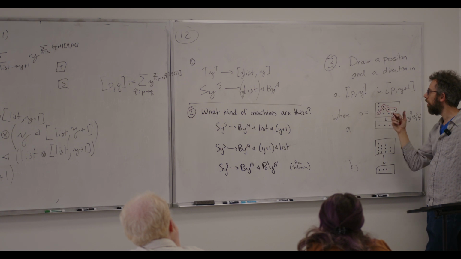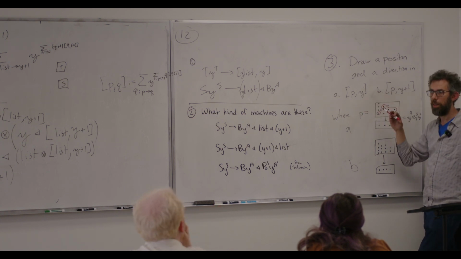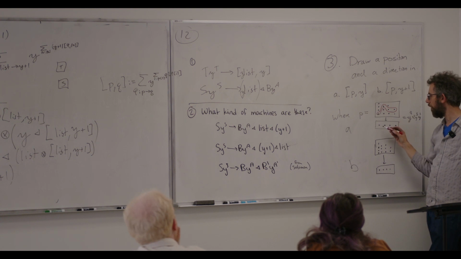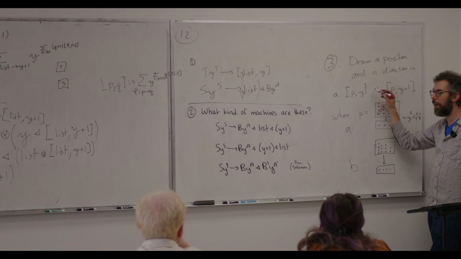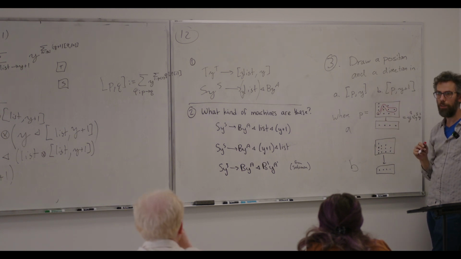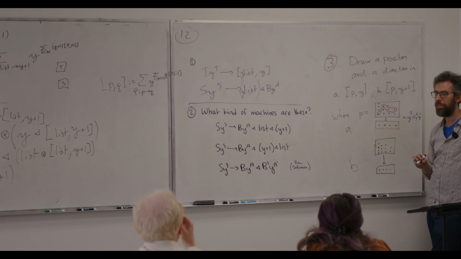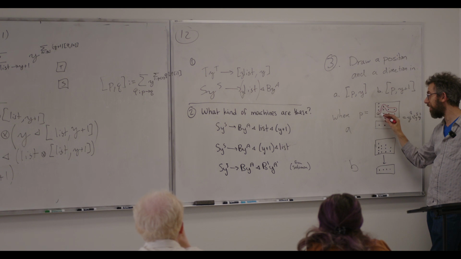Choose a position in P, and then choose a direction of Y, which is the right one. Yeah, it says choose a position of P, okay, it's one of these 4, and then pick a direction of Y. Well, there's always just one, so there's exactly 4 directions. This one, this one, this one, and this one. Maybe it means this one, this one, this one, and this one.